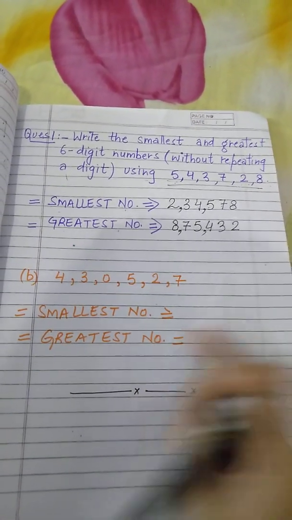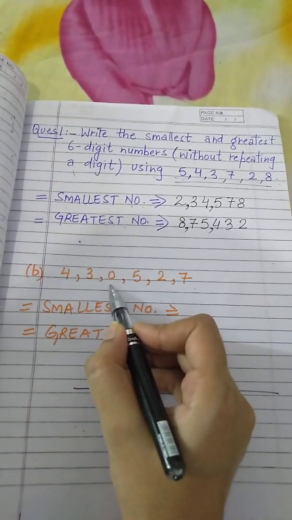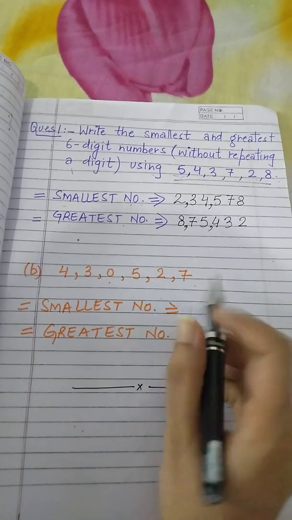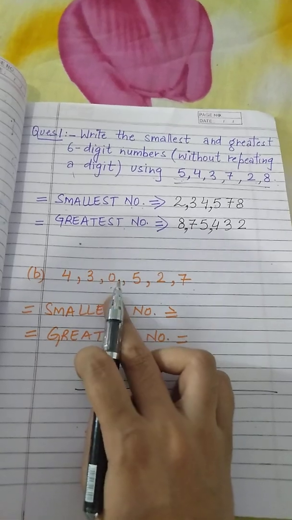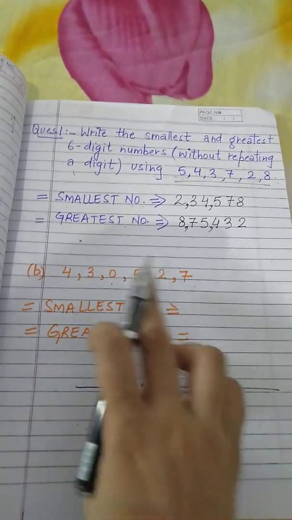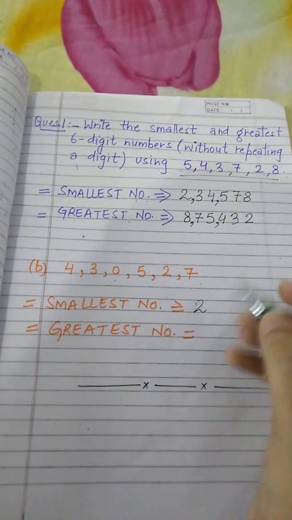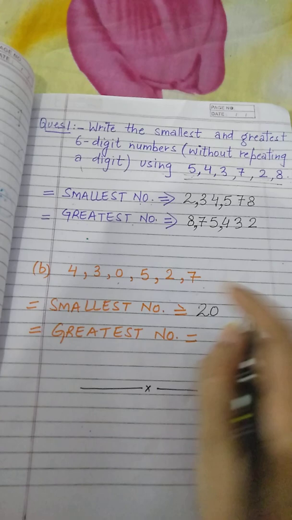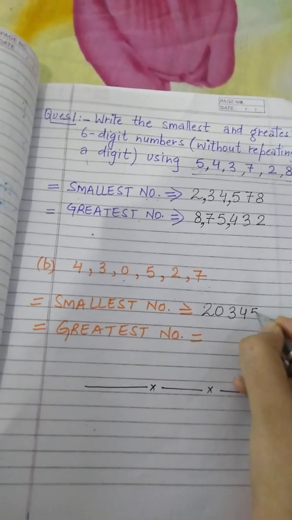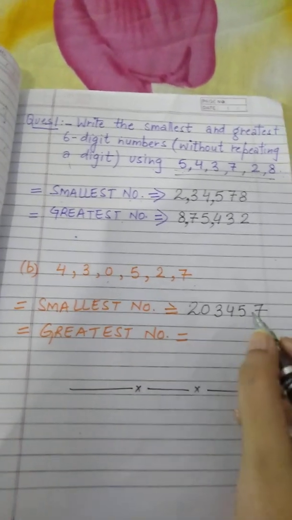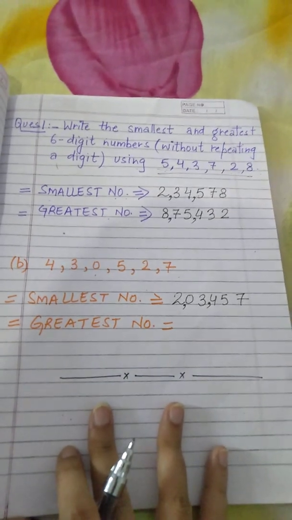So for smallest number, as we can see that 0 is the smallest of all the digits, but as I have told you that if there is 0 in the given set of digits, then never place 0 at first. After 0, 2 is smallest, so we will write down 2 first of all, and after that we will write down 0, then 3, then 4, 5 and 7, and after that we will place the commas according to the Indian place value system.